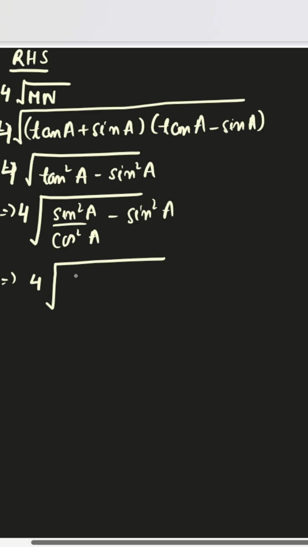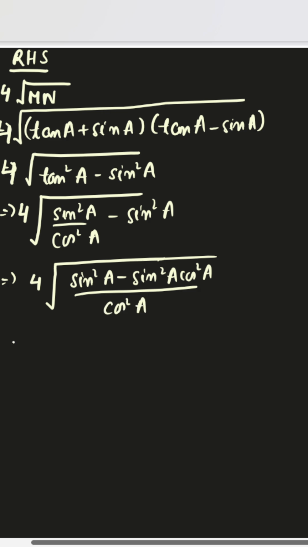Now when I solve this particular thing, I'll get sin square A minus sin square A times cos square A upon cos square A.